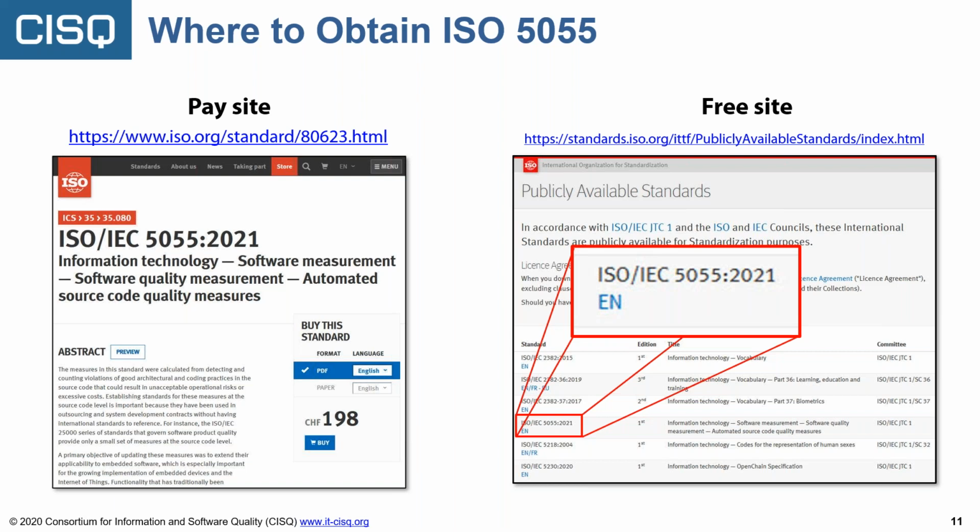You'll find it, and then you just click the EN, which stands for English, and it will give you the standard. Currently, the standard only appears in English. I suspect at some point it may be translated into other languages, but you can get a free copy of the standard and find all the 138 unique weaknesses that are captured in that standard and how they're organized into the 4 quality characteristic measures.